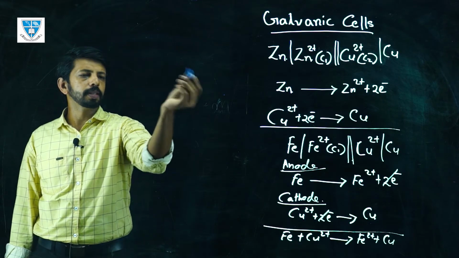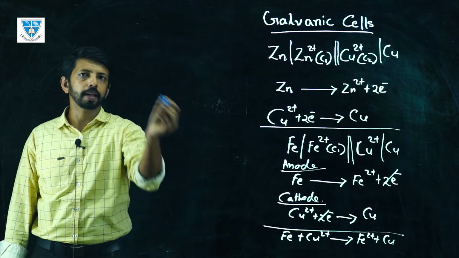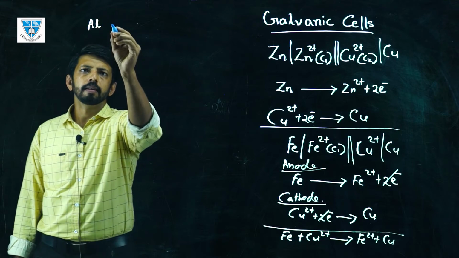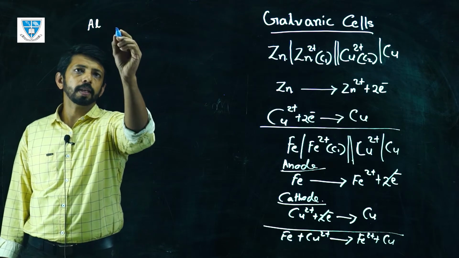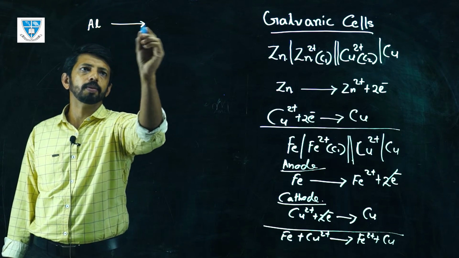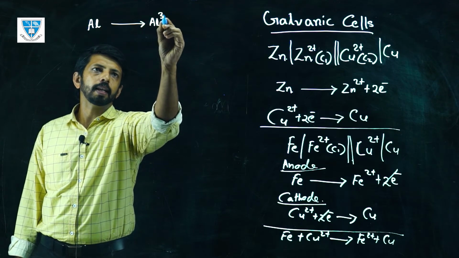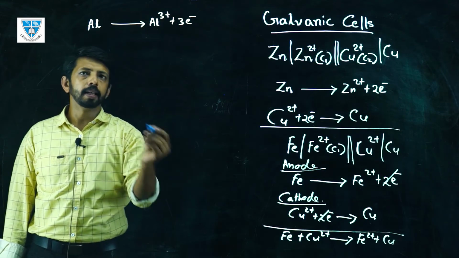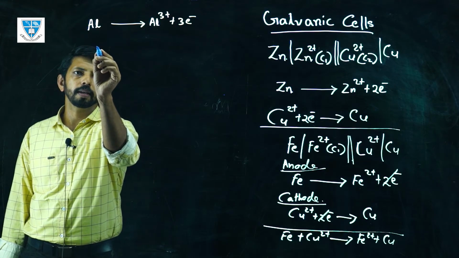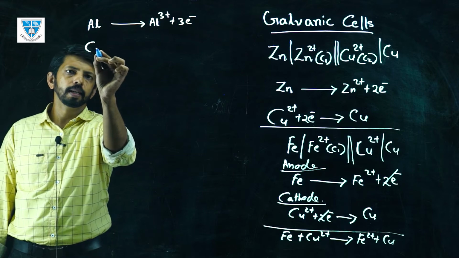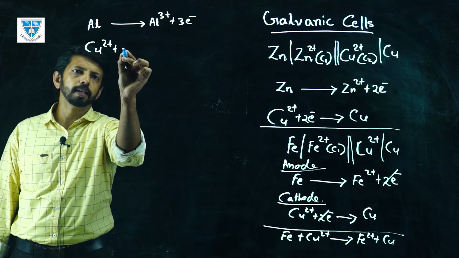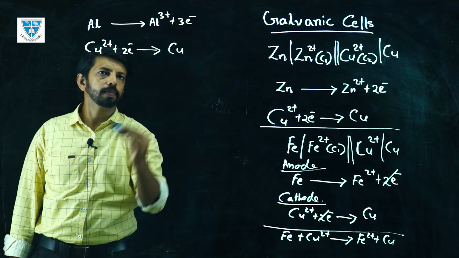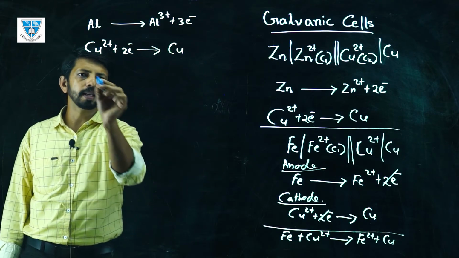In the aluminum copper cell, aluminum is undergoing oxidation, that is Al gives Al3+ plus 3 electrons, and copper is undergoing reduction, that is Cu2+ plus 2 electrons gives Cu. So you can represent this cell.